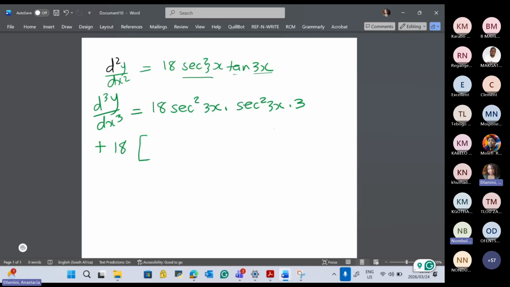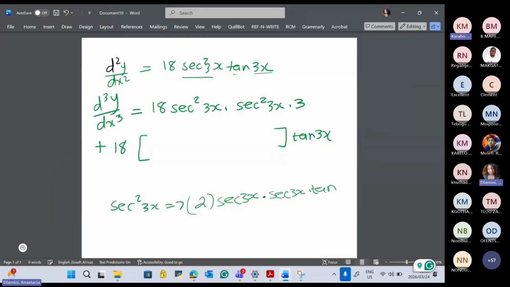What is the derivative of sec squared 3x? It's going to be 2 sec 3x times the derivative of sec 3x, which is sec 3x tan 3x times 3.